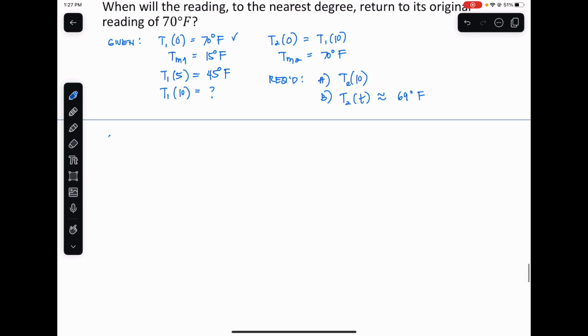For our solution then, we start again with T1 minus Tm1 equals C1 e raised to K T1.